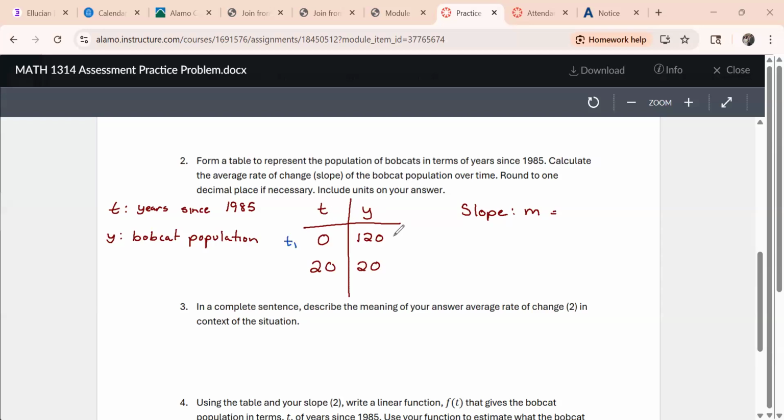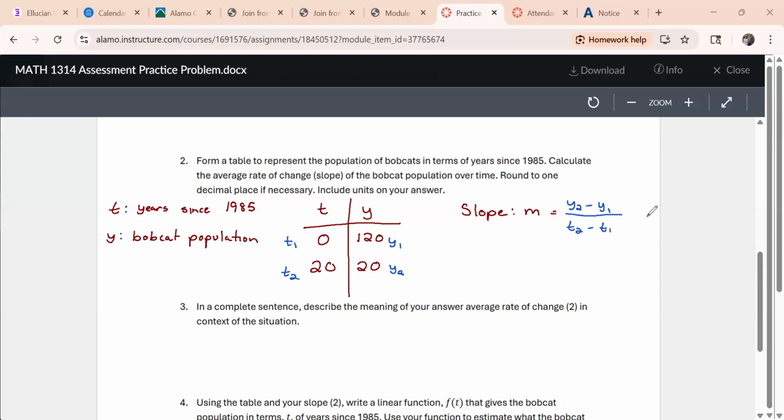So this would be our t1, y1, and this would be my t2, y2. Like I said, these are just the same thing as your axes. So what your formula is going to look like here is you put your y's on top still, y2 minus y1, and instead of x's, you just have t2 minus t1.